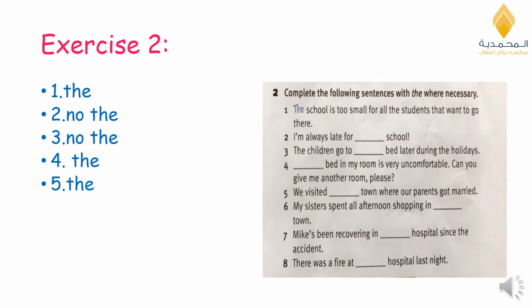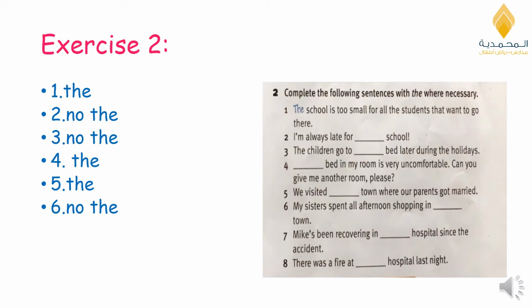Clear? Number 6, "My sisters spent all afternoon shopping in town." I should not use the article the over here. Why? Because I'm talking about an activity that happened in that town. So no article. Number 7, "Mike has been recovering in the hospital or in a hospital since the accident." What do you think?